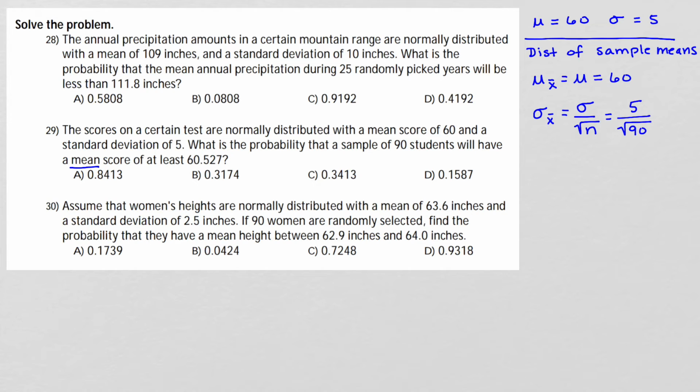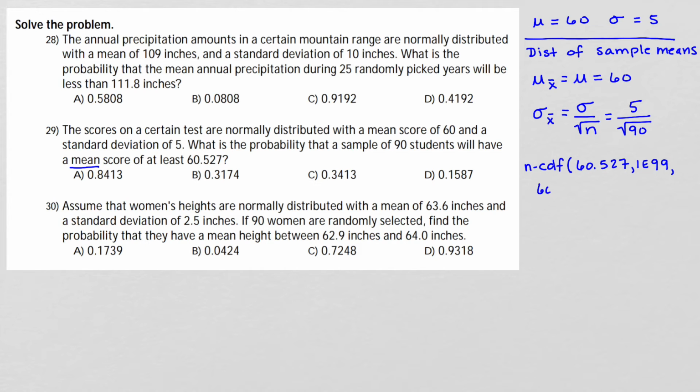So to put this in the calculator, again, I'm going to do Normalcdf. And let's see, what's my lower limit? This says at least 60.527. So that's my lower limit, 60.527. My upper limit, there is no upper limit, so 1 E99.